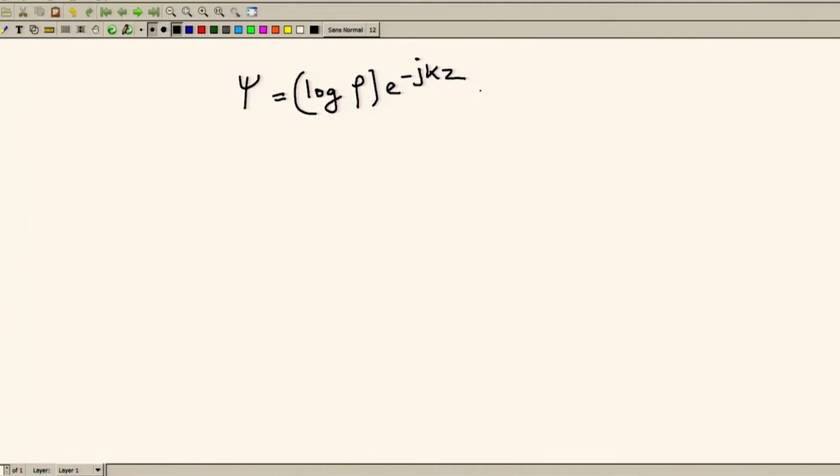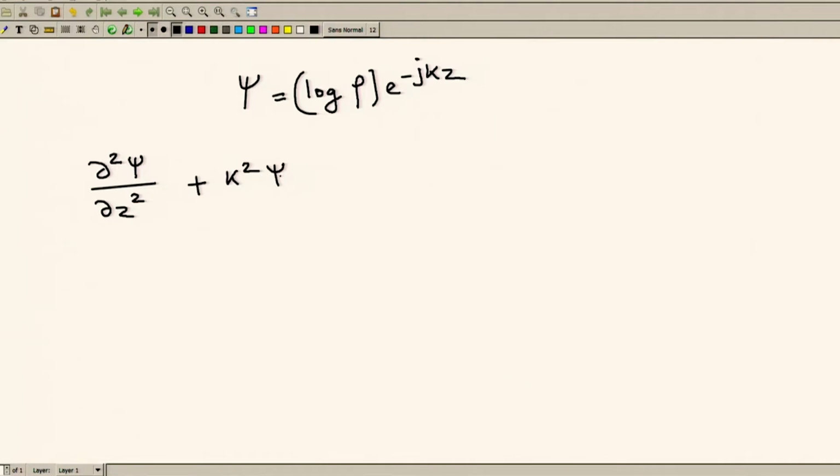At first we need to show that this psi satisfies the scalar Helmholtz equation. Okay. So we will find del square psi upon del z square plus k square psi.